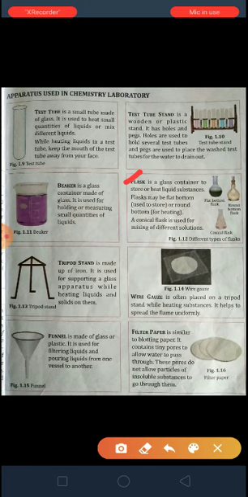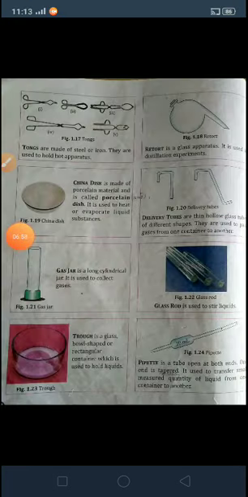So then we will check the next one, that is gas jar. Gas jar is used to collect gases. So the correct option is gas jar. We use a gas jar to collect a gas. Third question. We use a dash for evaporating liquid matter.